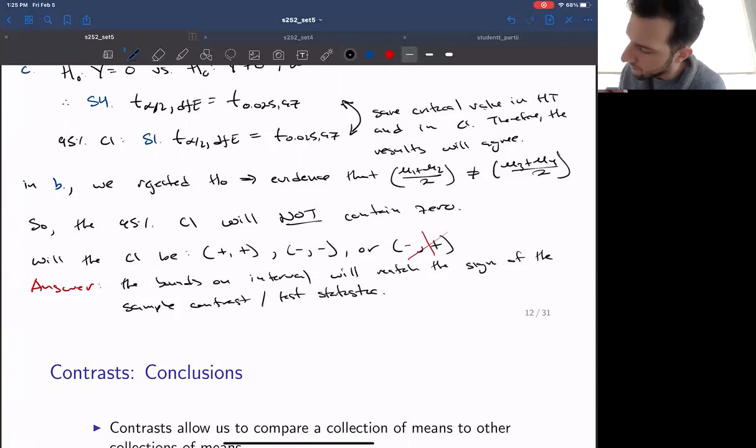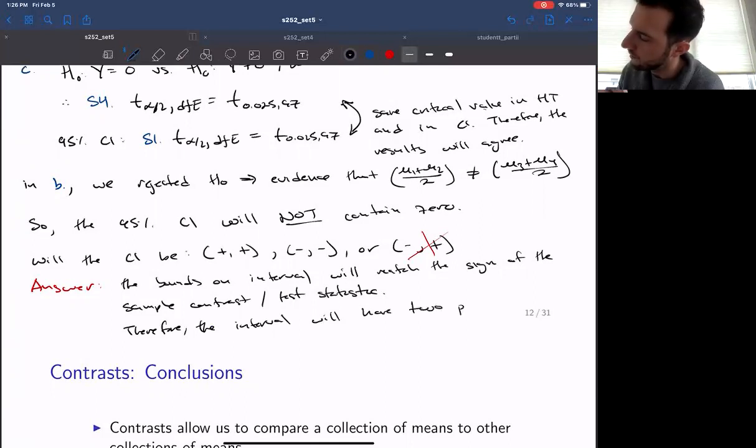So here, therefore, the interval will have two positive bounds.